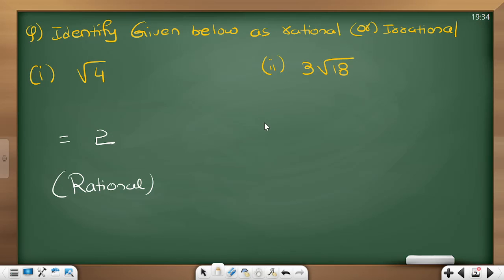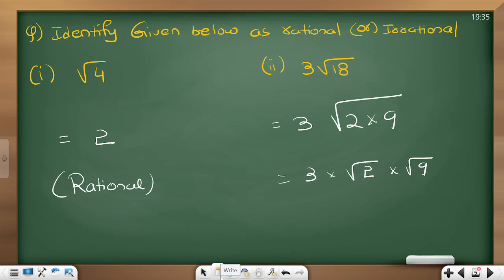Now, 3 root 18. 3 into root 18 can be written as 3 into root of 2 into 9, which can be written as root 2 into root 9. Root 9 we know is 3. 3 into 3 is 9, into root 2.